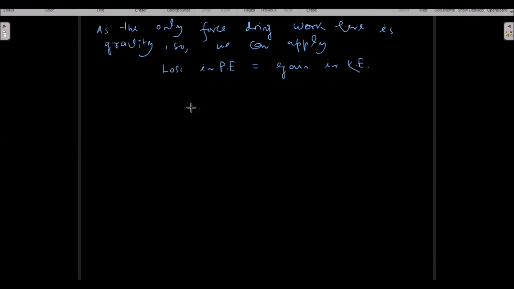So now if I just have representation up to the point of losing contact only. Initially it was here, finally it has come over here. There I have taken this angle to be theta. If you drop a perpendicular up to here, as this is r, this will become R cos theta.